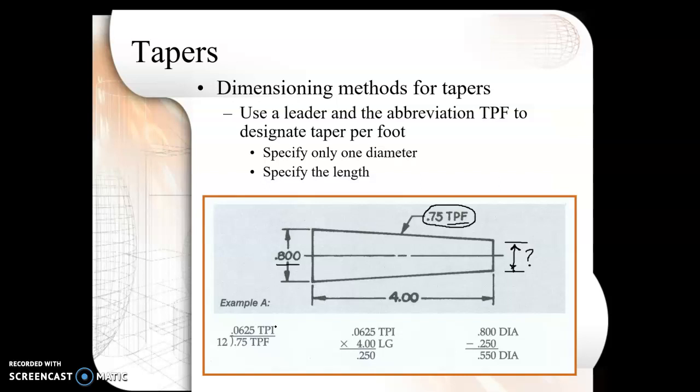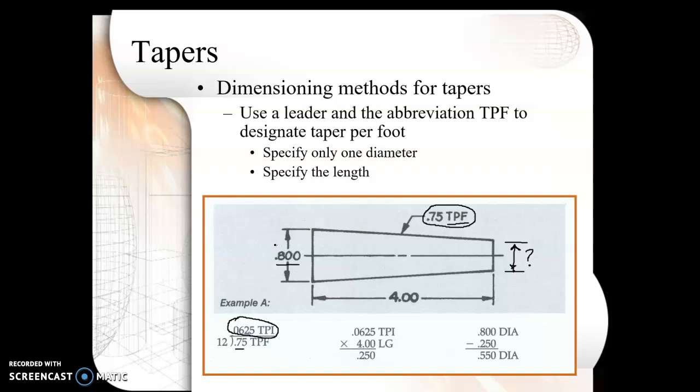So we just divide our taper per foot by 12. So 0.75 divided by 12 is 0.0625. That is the TPI, or taper per inch. And so the length of this object is 4 inches.